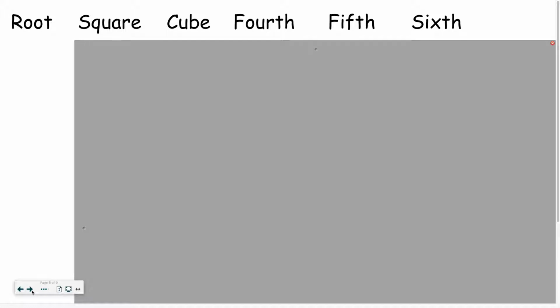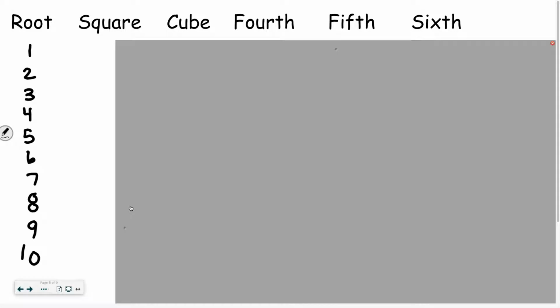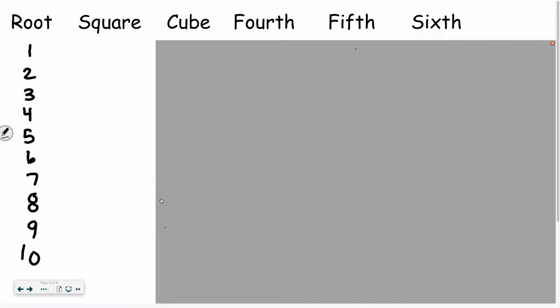We're going to have 6 columns, and I'm going to go from the numbers 1 to 10, so 6 columns and then 10 rows below them. You're just writing a number in each.